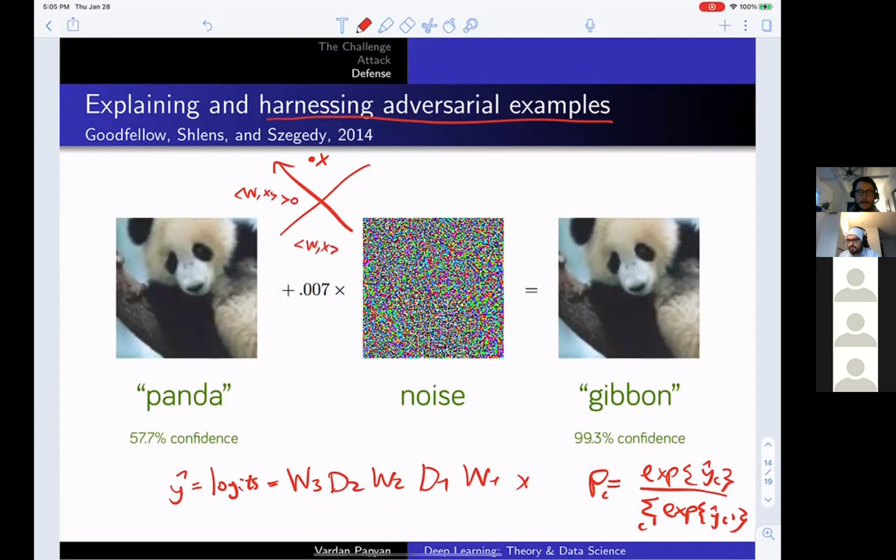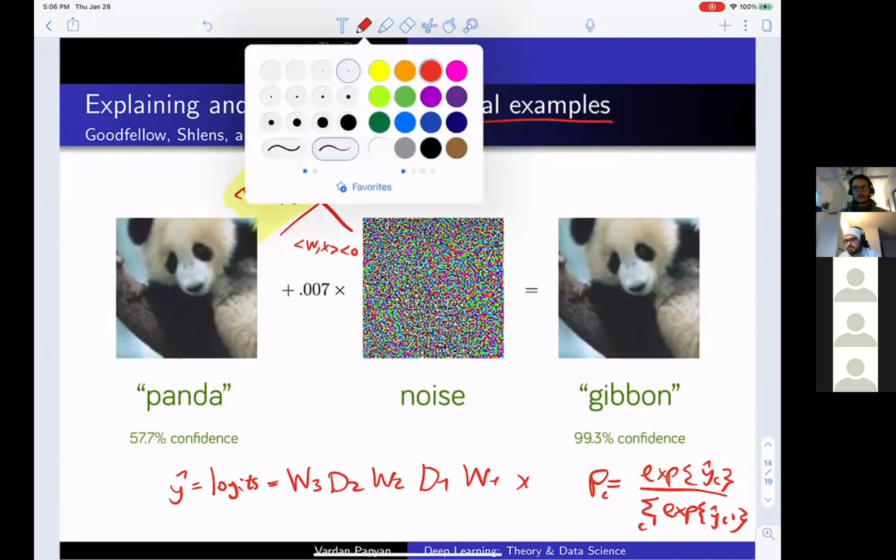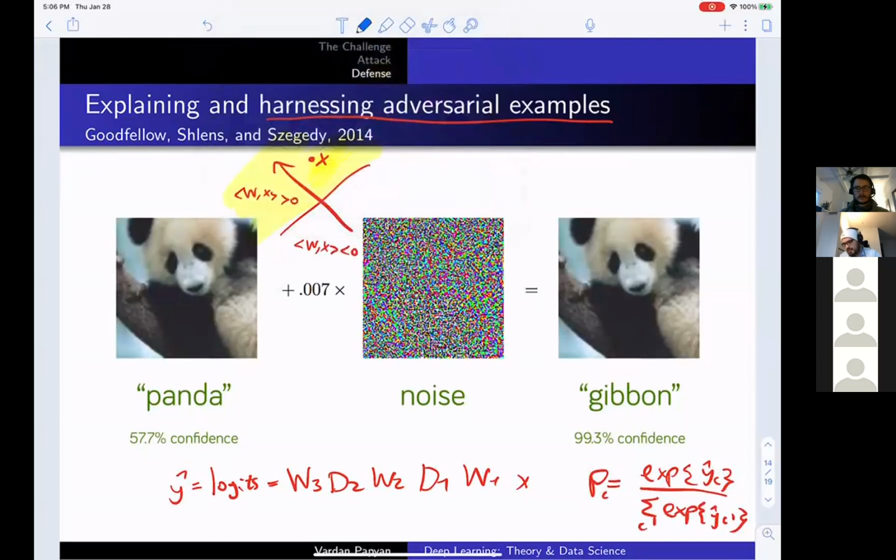I'm using this image from the previous slide. Does the image make sense? Yeah. Okay, so imagine I tell you that you have a budget of 500 iterations, or some type of budget, to create an adversarial example. Then you create an adversarial example.